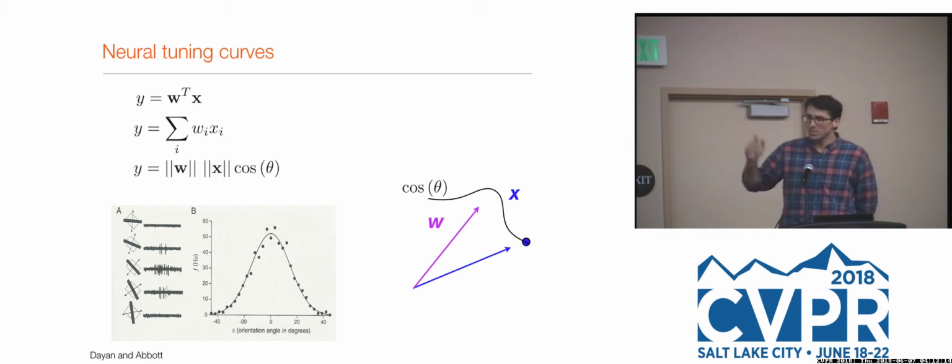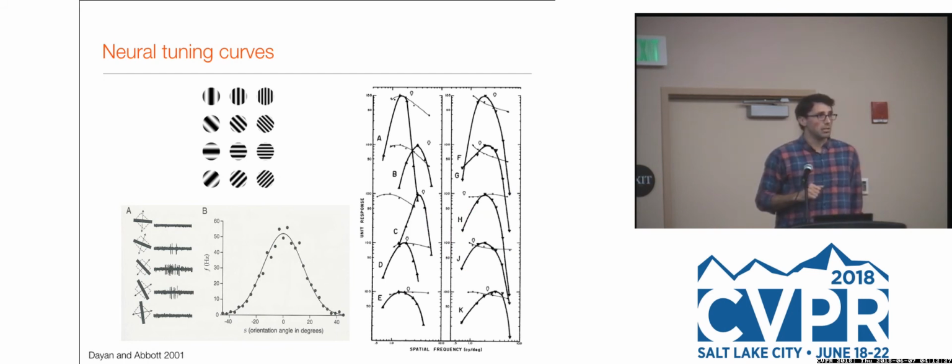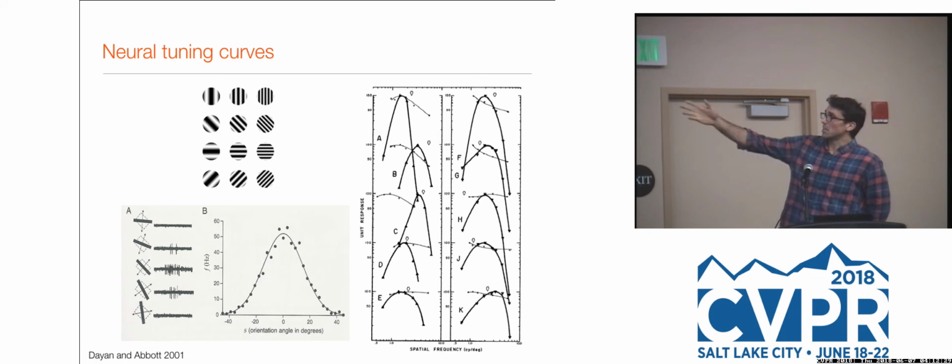And so these bell-shaped tuning curves are really ubiquitous throughout the brain when measuring responses and across different kinds of visual domains. So you not only find it with respect to orientation tuning, but also with respect to spatial frequency.